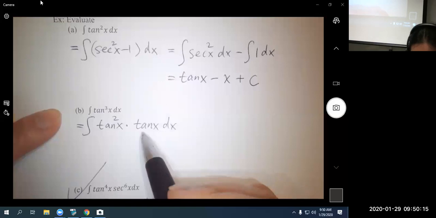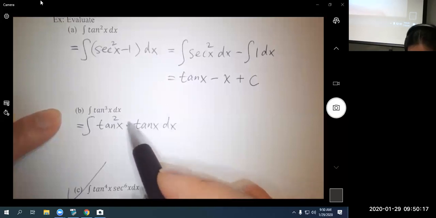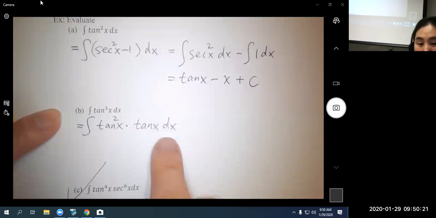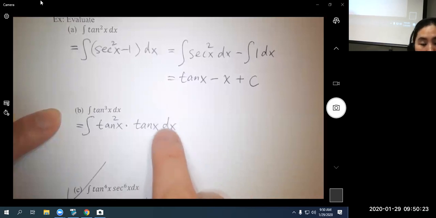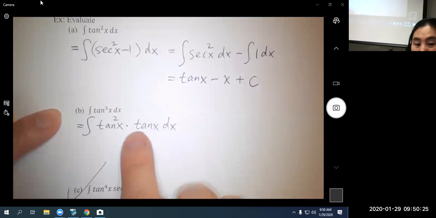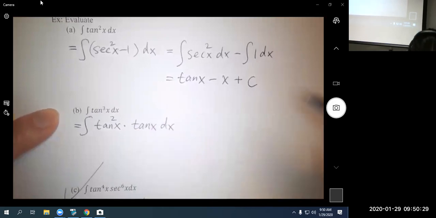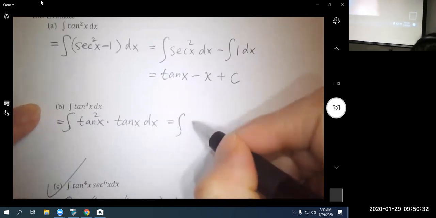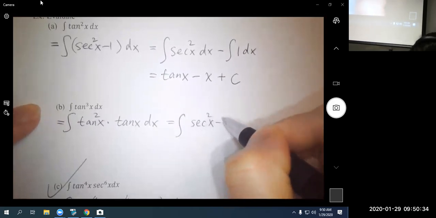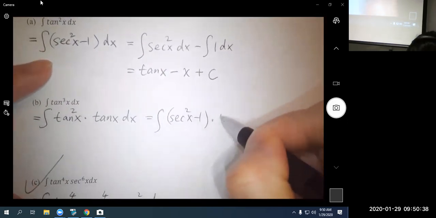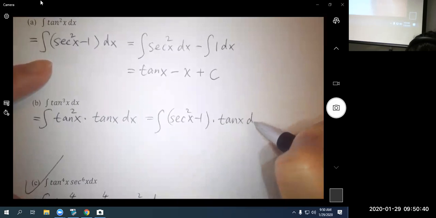Okay, can we say this is the derivative of something? No, okay. No trig function's derivative equals tangent x. So we're not able to combine these two, okay? So what we do is, we're gonna rewrite tangent x squared as secant x squared minus 1 times tangent x dx.